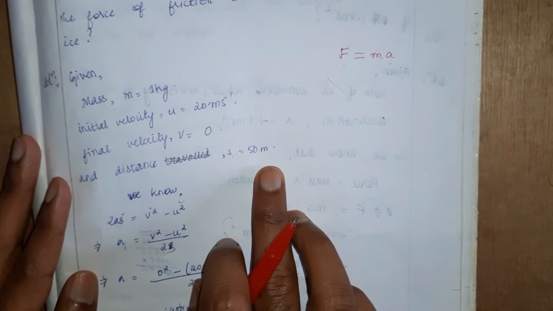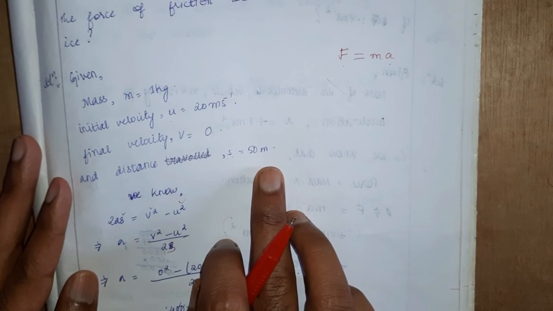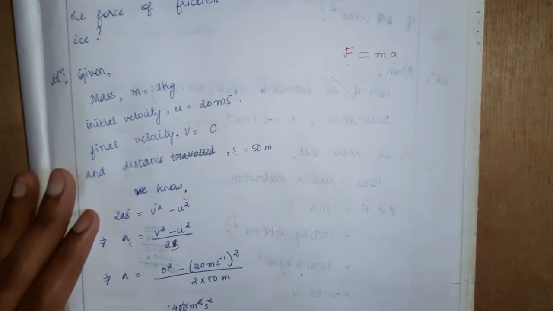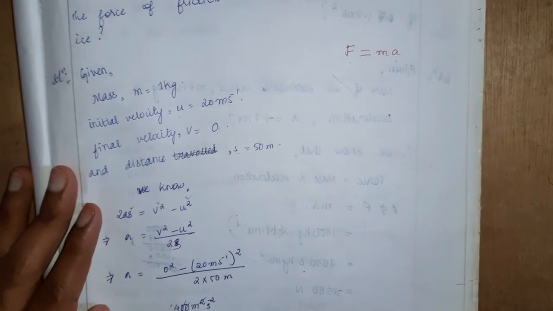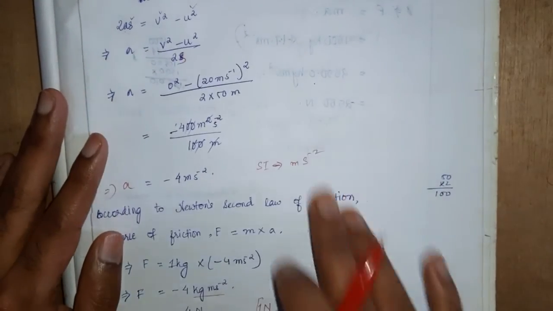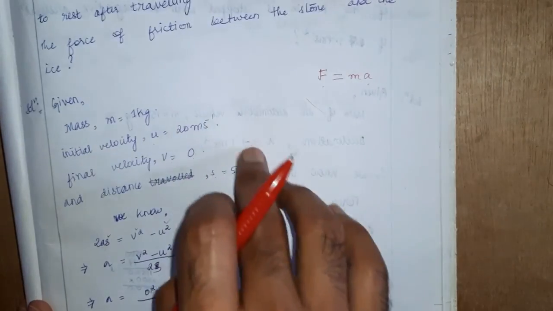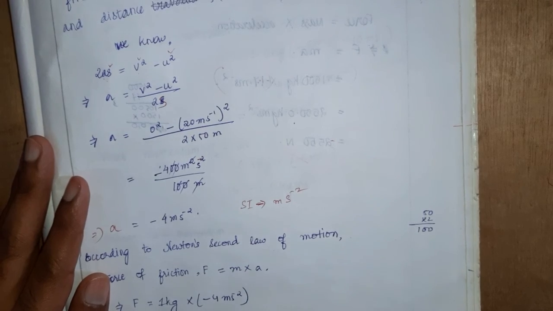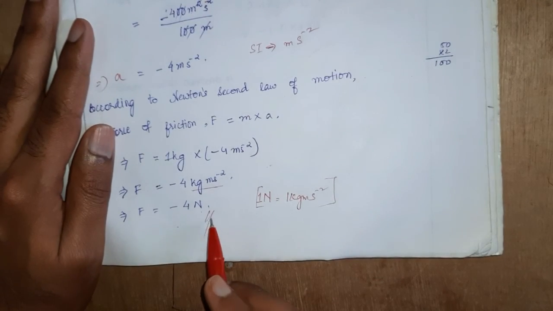If here it is meter and here you see it is in hour, you have to change the unit. I have already explained that in my class, and when you see other problems you will understand. Since here all the units are in standard form, I did not change any. And when you write the answer, you must mention the unit, otherwise your result may go wrong.